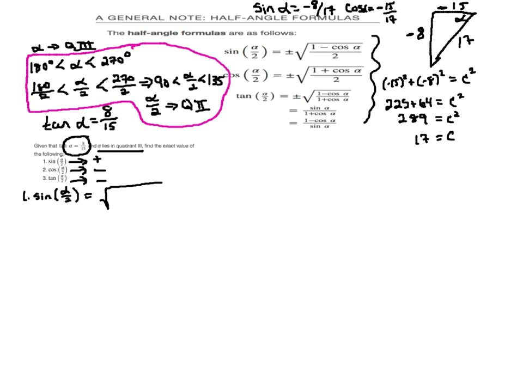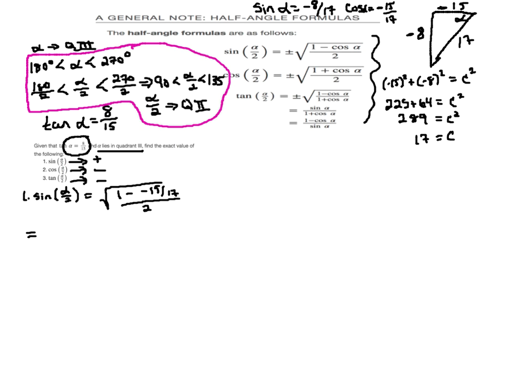So this is equal to the square root of 1 minus, we know what the cosine alpha is, it's negative 15/17. And that's all divided by 2. So this is why I said at the beginning, it's just working with fractions the rest of the way down once you get that first part set.